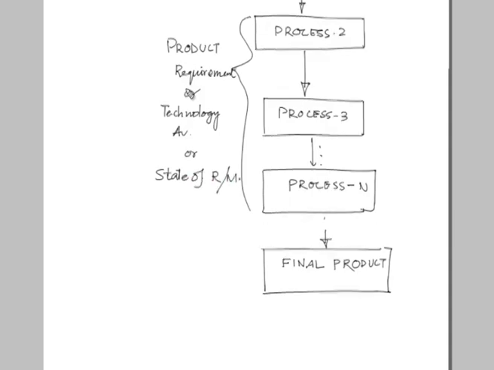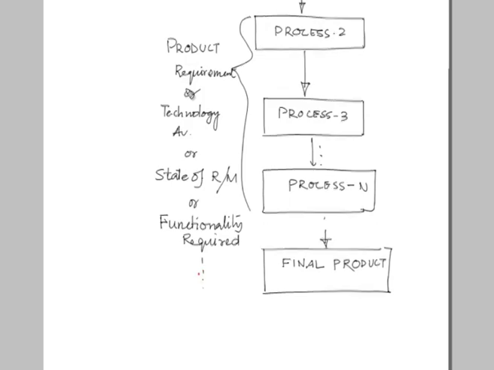This R m, R oblique m, I am trying to represent raw material here in most of the cases, or the functionality required, and so on.